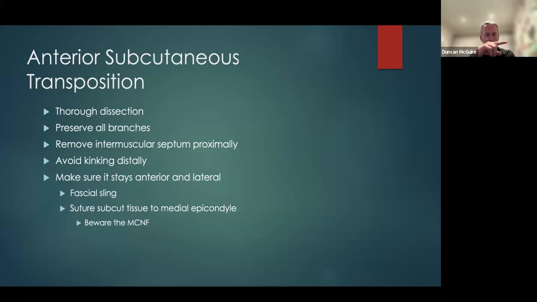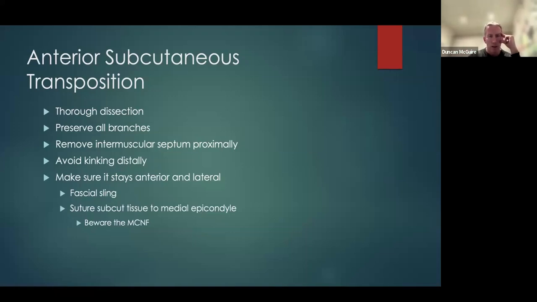As it enters FCU, it can take a sharp turn. So you must make sure that you release enough of Osborne's fascia and split the FCU muscle, so that when it goes from being anterior and passing distally and then entering FCU, it doesn't make too sharp a turn.